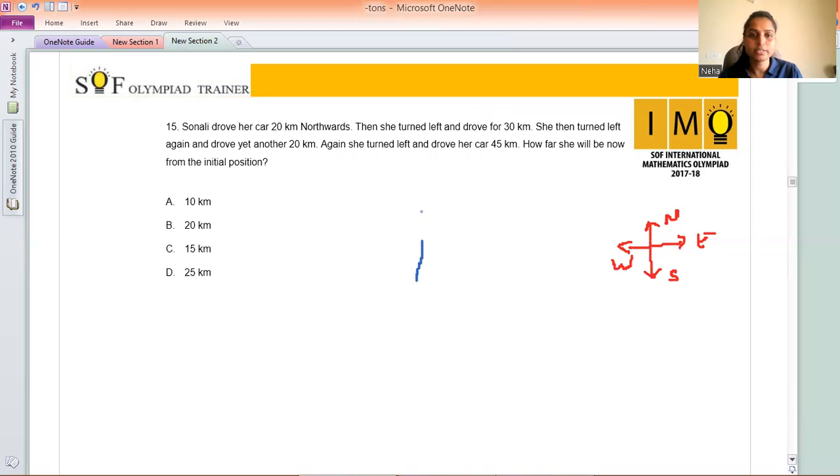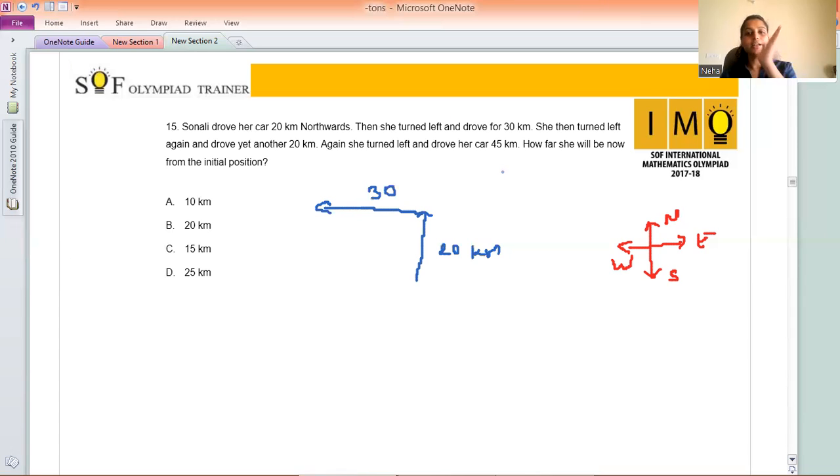So this is my north side and she drove 20 kilometers. Then she turned left. For left and right, you always use your left hand. So if she is in this position, then this will be your left side. So on the left side, she drove for 30 kilometers.